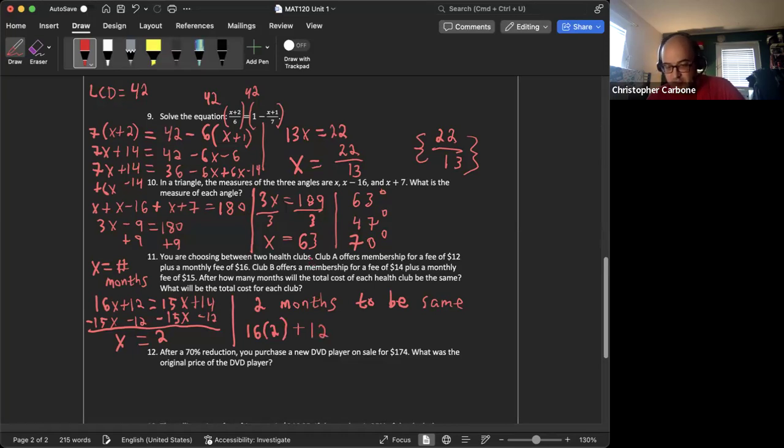So 32 plus 12 gives us a value of $44, no matter which club you choose. And this is the total cost.